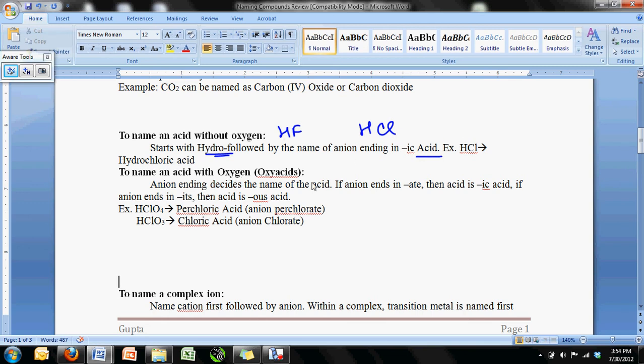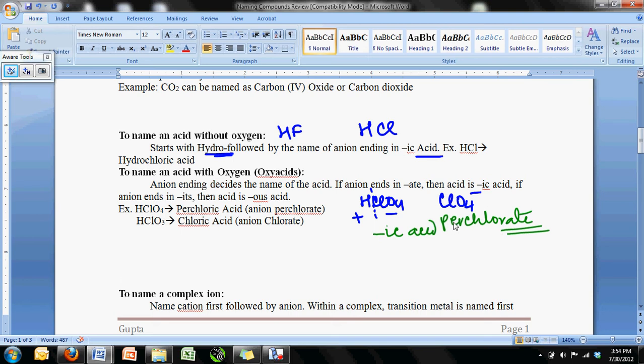If oxygen is present in an acid, then the naming of the acid depends upon the anion that forms this acid. For example, HClO4 is again a binary compound formed from H plus ion and ClO4 minus anion. So ClO4 minus anion, what is the anion's name? It's perchlorate. If the anion ends in ate, then the acid's name is ic acid.